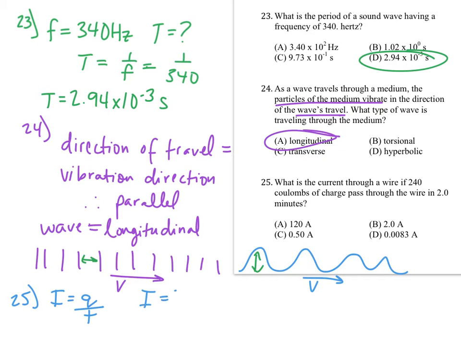Our current is equal to 240 coulombs charge over, what is our time? 2 minutes. But we got to convert that to seconds. 2 minutes is 120 seconds, so over 120 s. And that is equal to 2 amps.